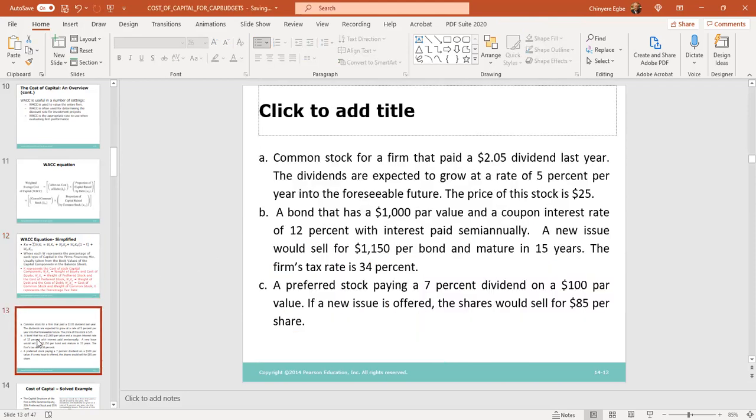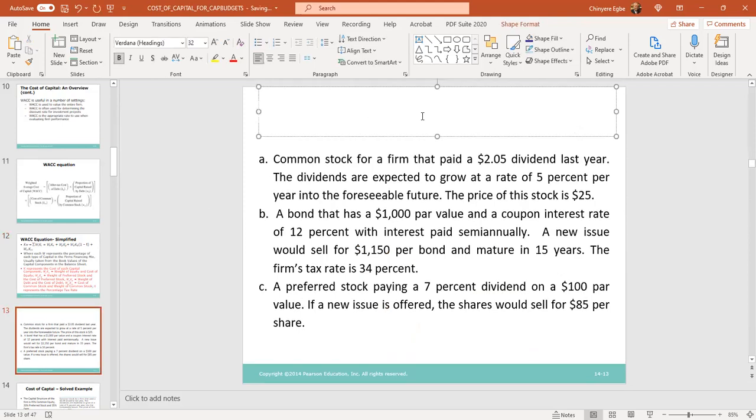All right. So let us take a simple example. So this is cost of capital, the cost of capital components, the different components in the capital structure.